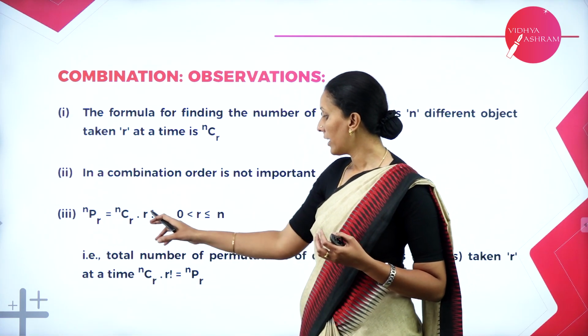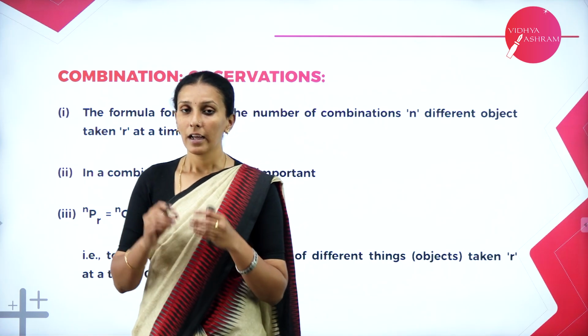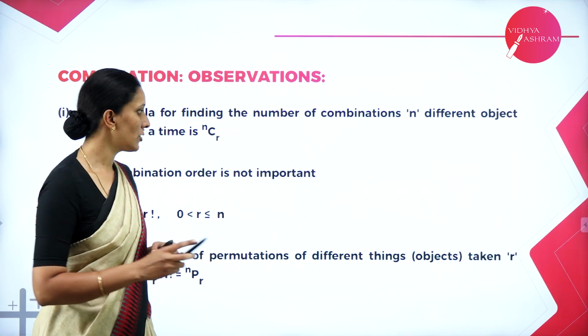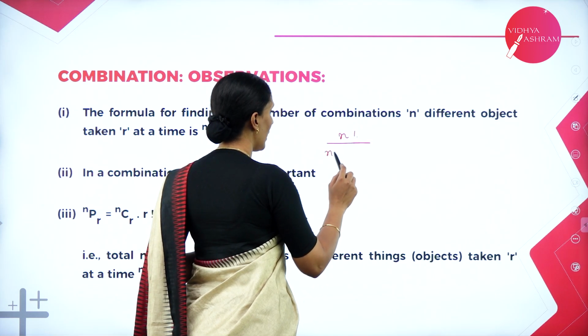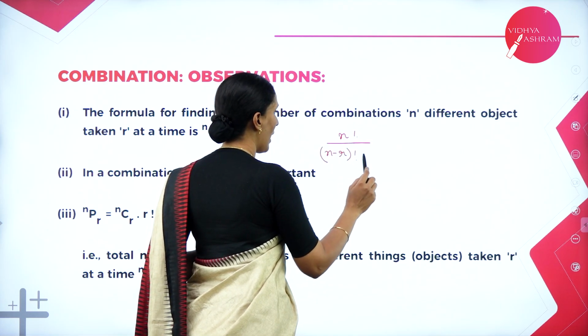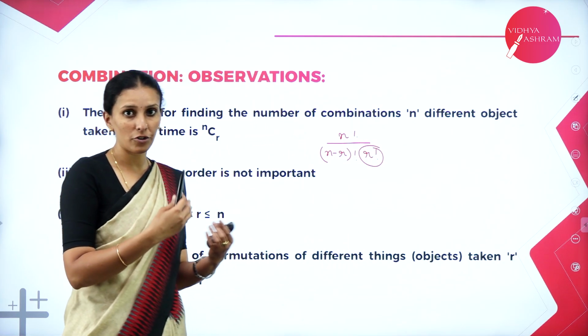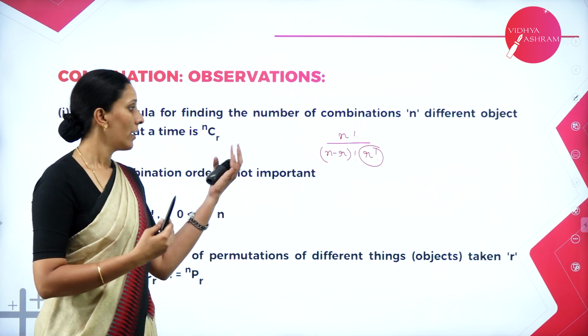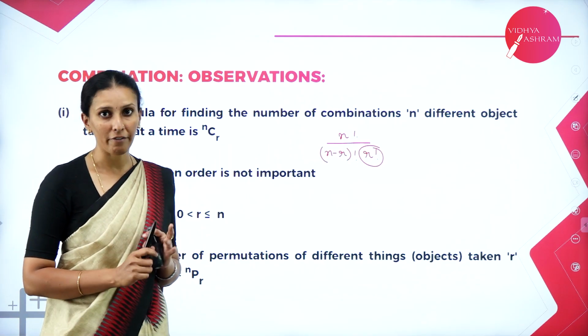Therefore, the formula nCr is given by n factorial divided by (n minus r) factorial and r factorial. Here r factorial represents the repetition of objects which is not required in terms of combination. Therefore, we'll divide it by r factorial.